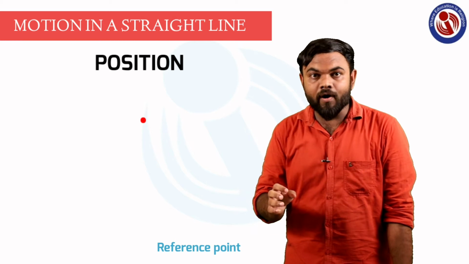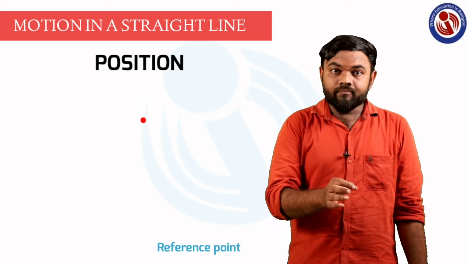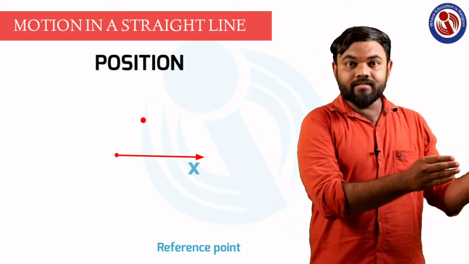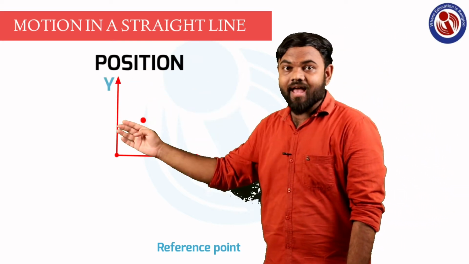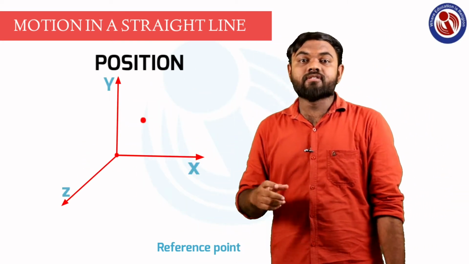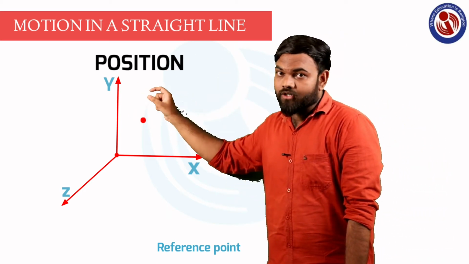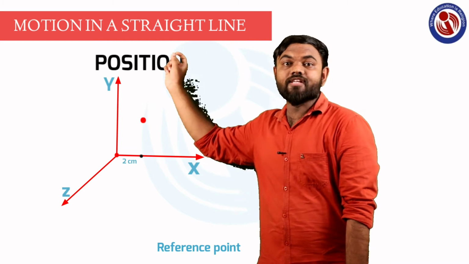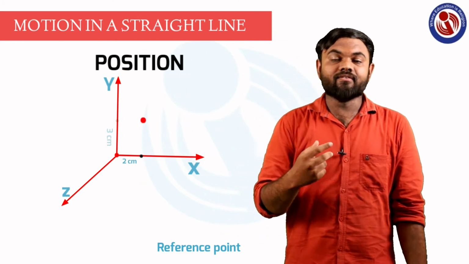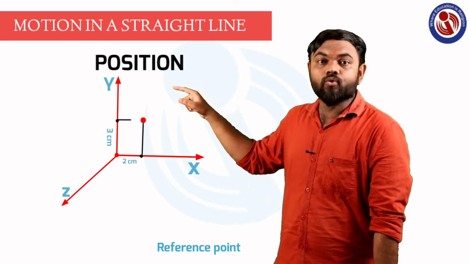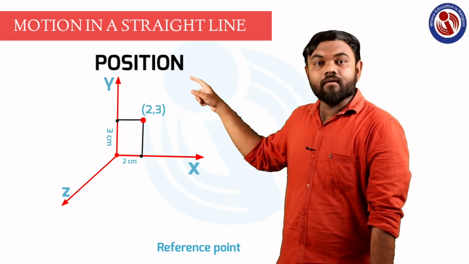Where does the reference point come from? It comes from the x-axis, y-axis and z-axis. Suppose this dot is at 2 cm with respect to x and 3 cm with respect to y. Then what is the position of this dot? 2 and 3 cm.